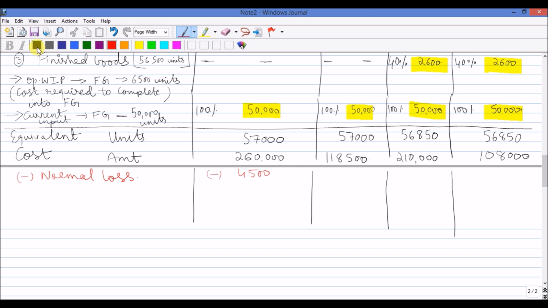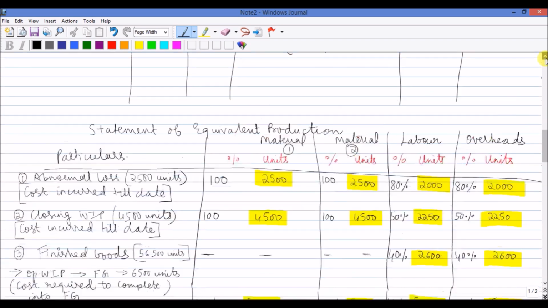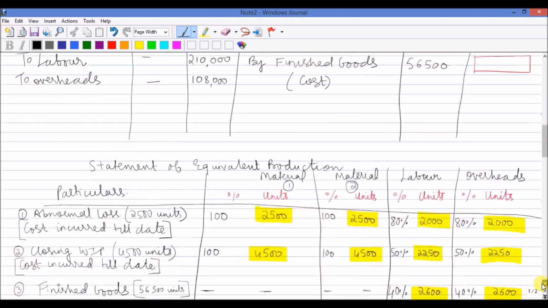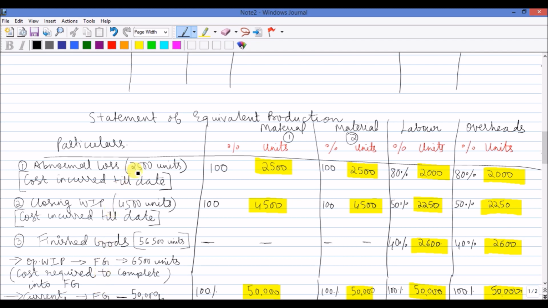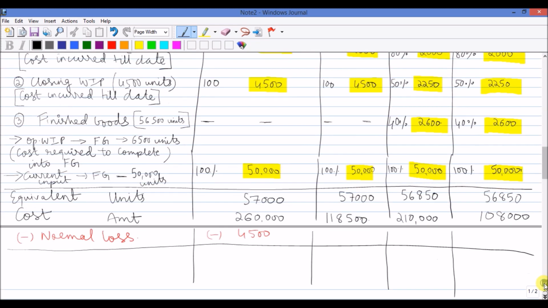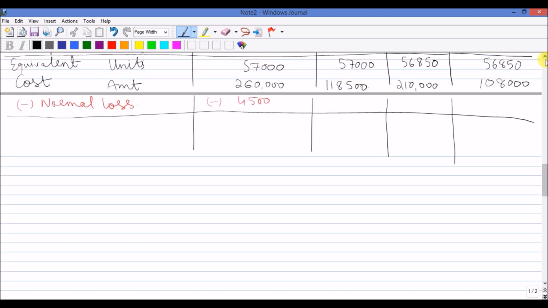Now the question would be in your mind that why we need to subtract the normal loss. Friends, we need to subtract the normal loss since when we were preparing the statement of equivalent production, we have not considered the normal loss units. So if you look carefully, there is no normal loss units which I have taken into account. So if you have not taken the units, then you need to subtract the cost also.